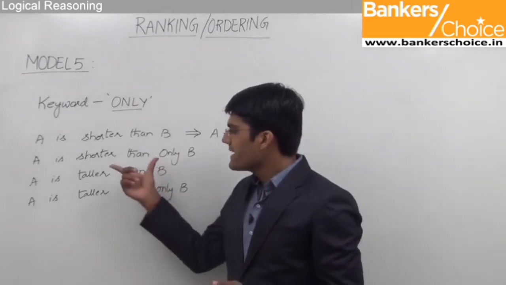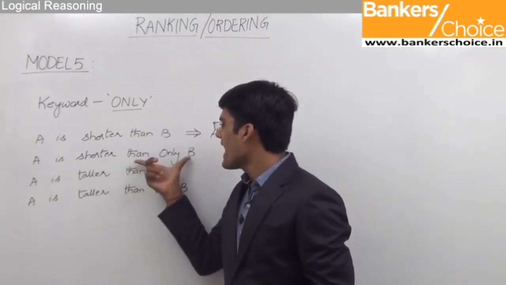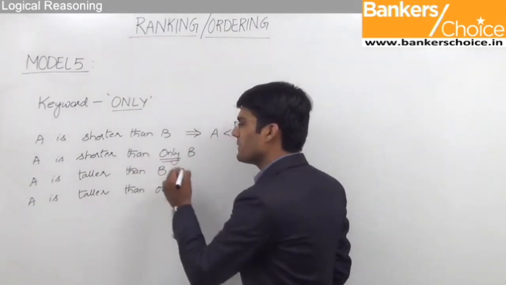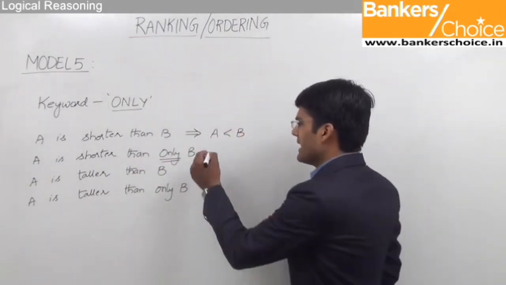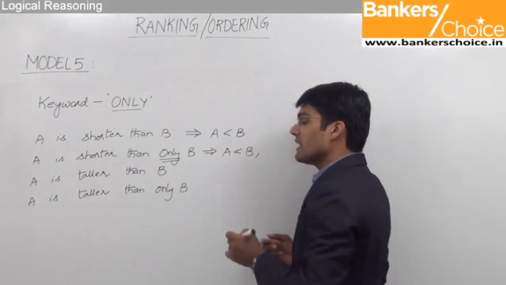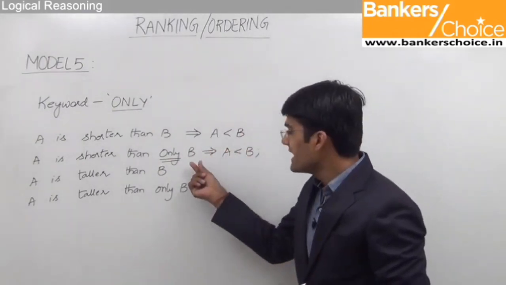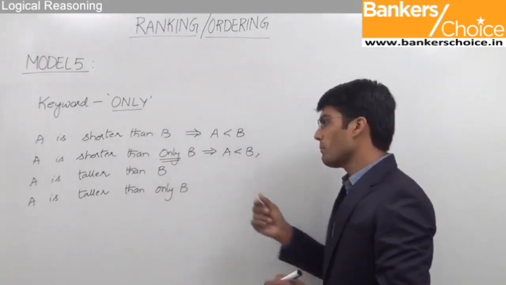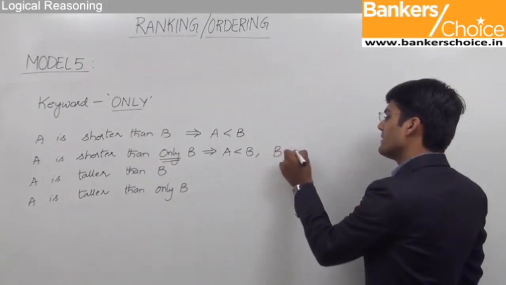But now you look at the second statement. A is shorter than only B. Now when the word only is present in the given statement, it means that A is shorter than B, but at the same time, the other important point which we need to understand here is B is the tallest person in the group.